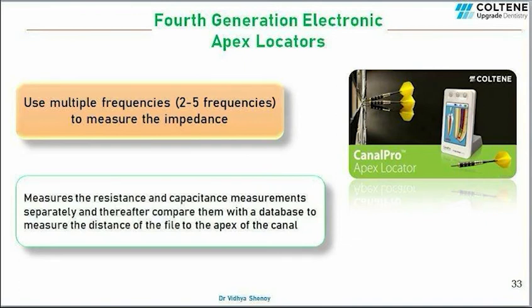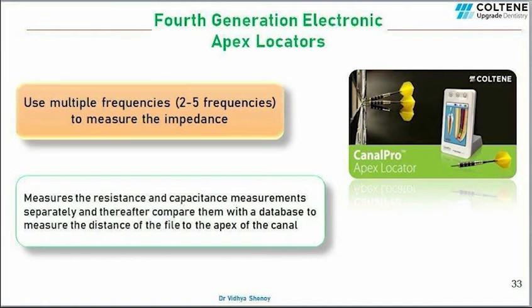Fourth generation apex locators use multiple frequencies to measure impedance. In the third generation, we had seen that a quotient value is obtained from the impedance value that was measured at different frequencies, which was then used to assess the working length. In this generation, resistance and capacitance are measured separately instead of measuring the impedance directly, and then it is compared with the database to measure the working length.